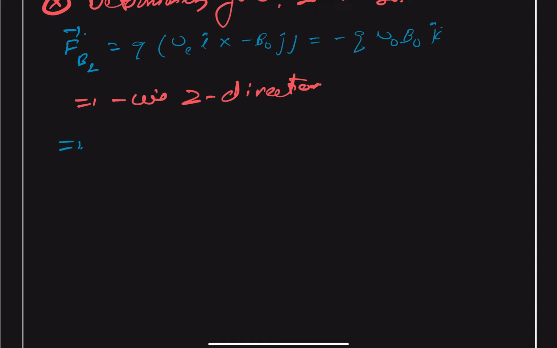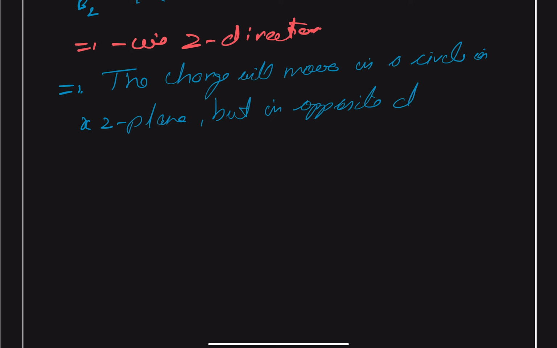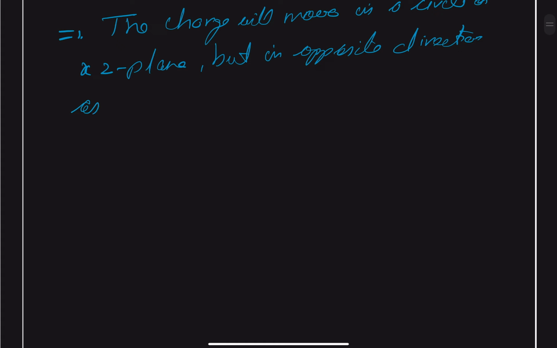So you can say the charge will move in a circle in the xz plane, but in the opposite direction as in the first region.